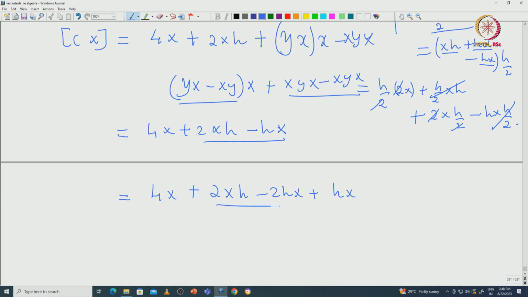So this is going to be twice bracket minus this, okay. Yeah, I guess I am getting one hx extra. Maybe I missed some calculation.